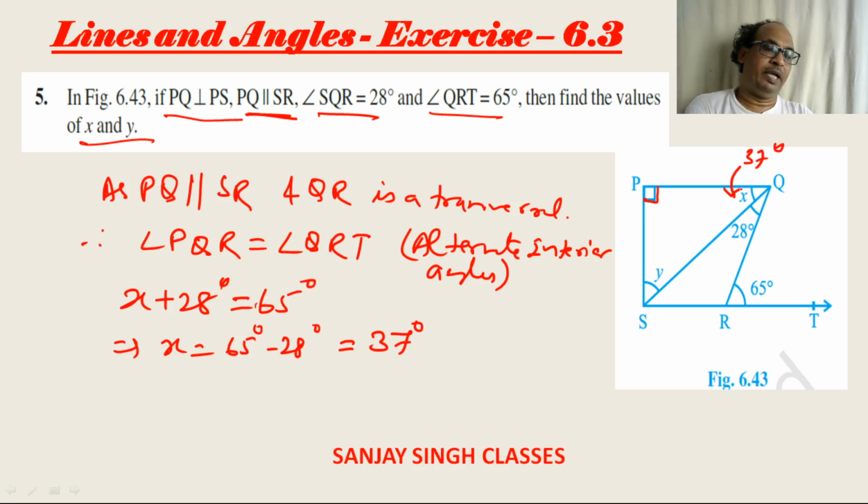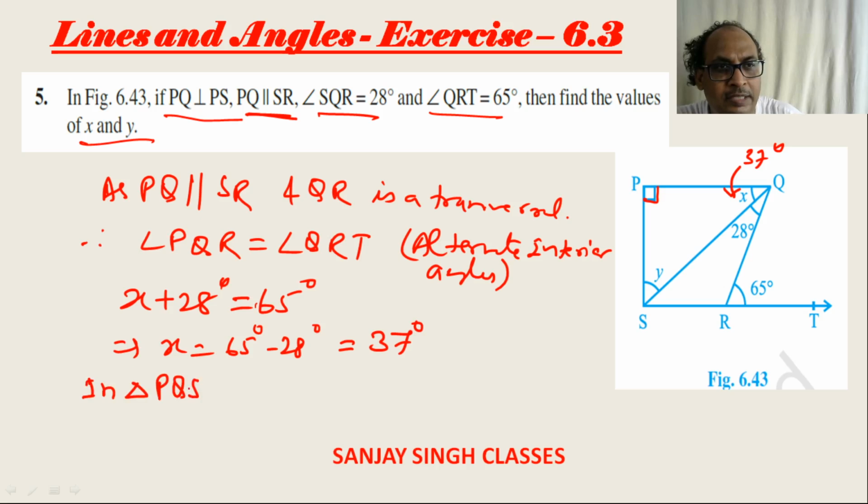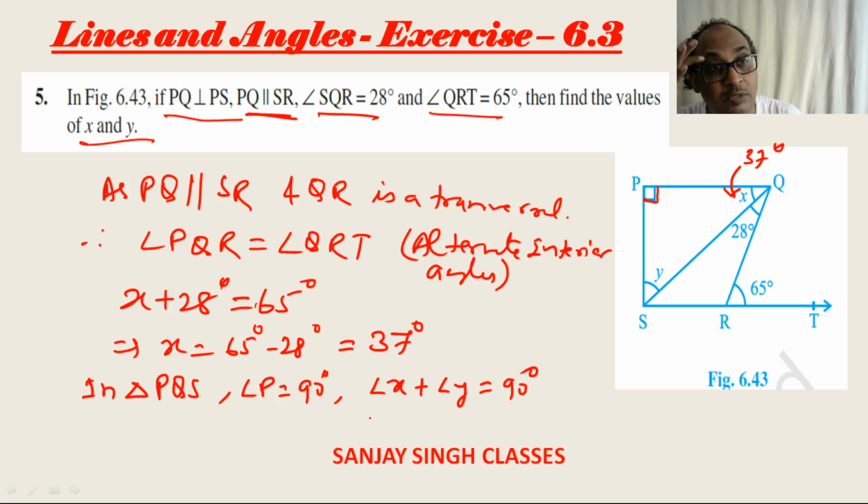Now we need to find Y. If we want to find Y, what will we be doing? We know that in triangle PQS, angle P is equal to 90 degrees. It means angle X plus angle Y is equal to 90 degrees, so that angle P plus angle X plus angle Y becomes 180 degrees.